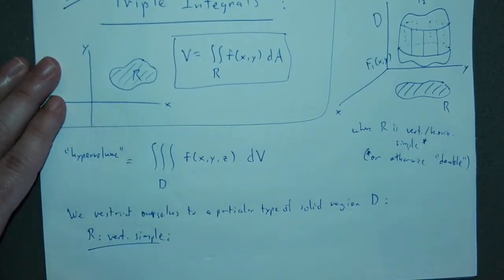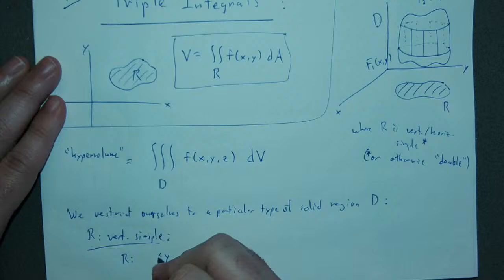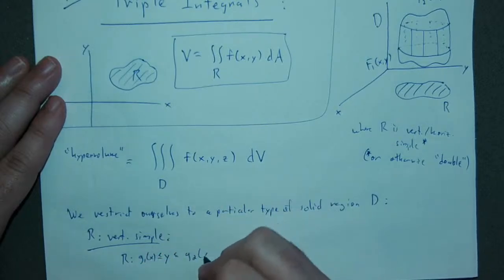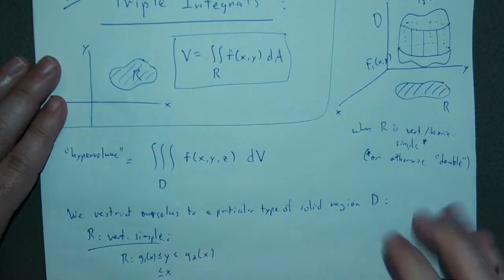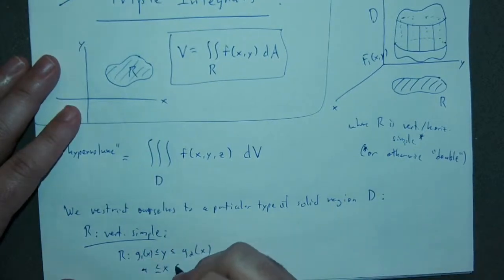If R is vertically simple, that means I can write that R is a region where the y values are bounded between two functions, we'll call them g sub 1 of x and g sub 2 of x, and x is on some interval a to b.